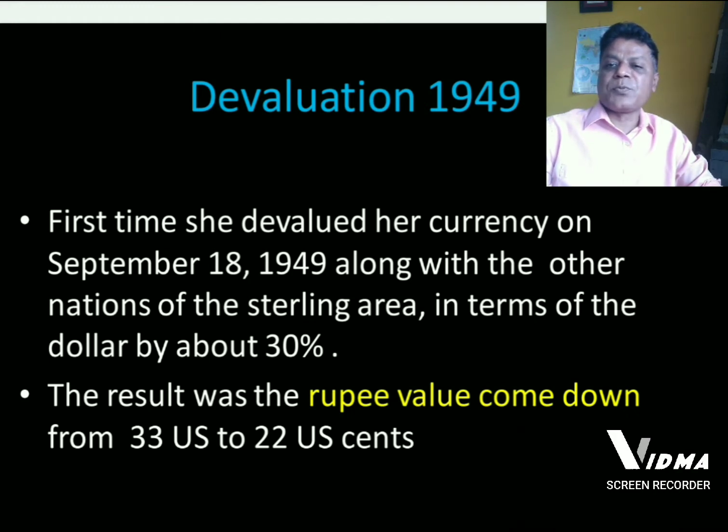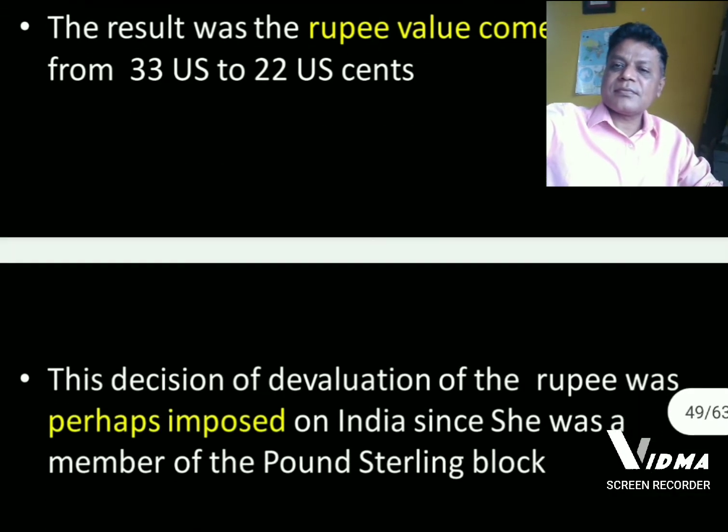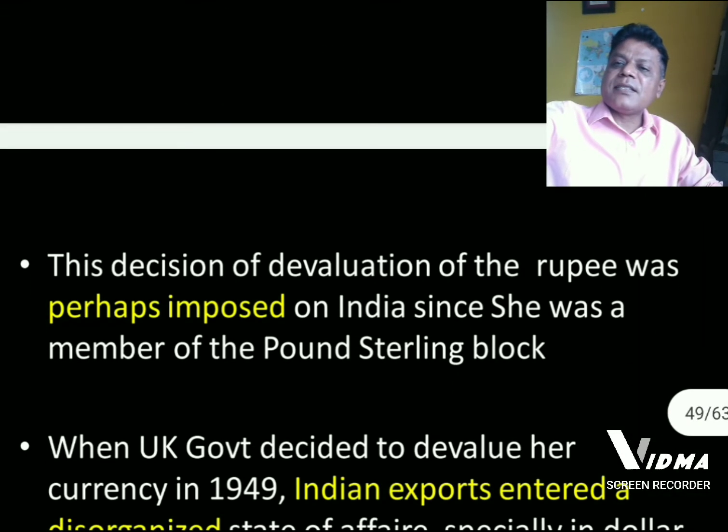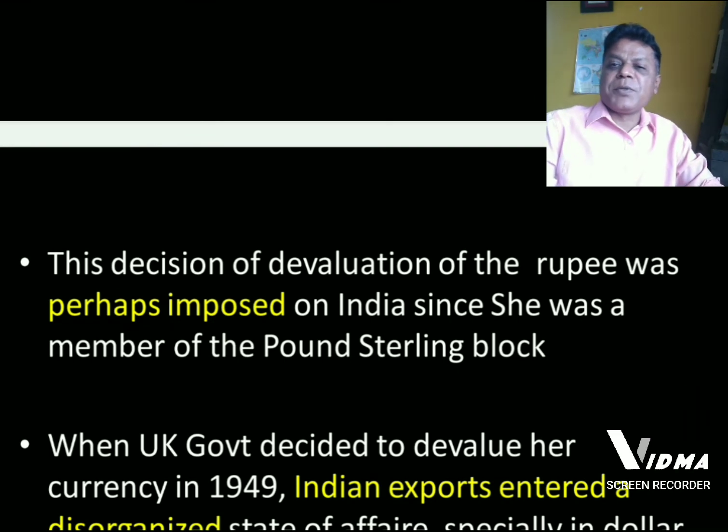The rupee value came down from 33 US dollar cents to 22 US dollar cents. The decision of devaluation of rupee in 1949 was perhaps imposed on India as she was a member of the Pound Sterling bloc.